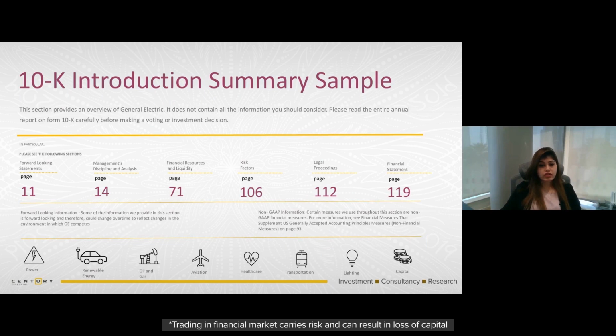So on this page out here, you can see this is just a sample earnings report. This is from General Electric's GE sample earnings report. Like you can see over here, the company is talking about their financial resources, their risk factors, their legal proceedings, the financial statements, and so on and so forth. It's even talking about the different areas that it is into.